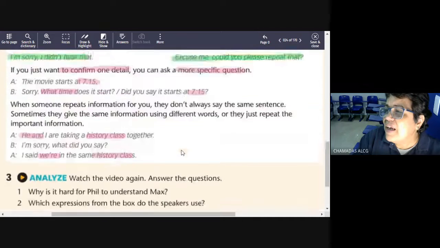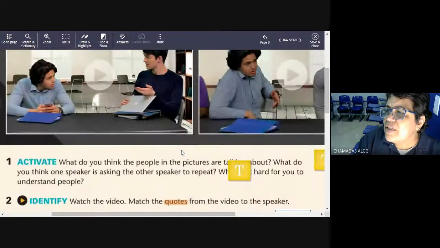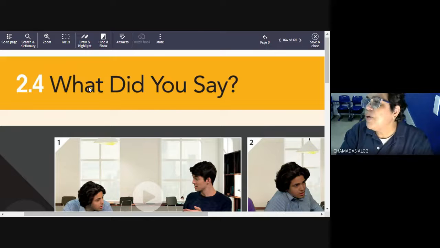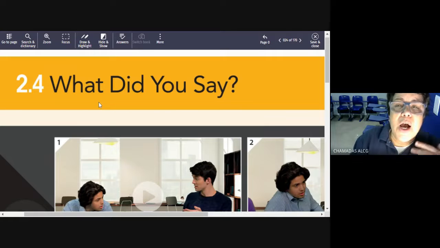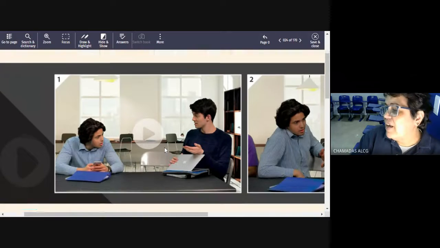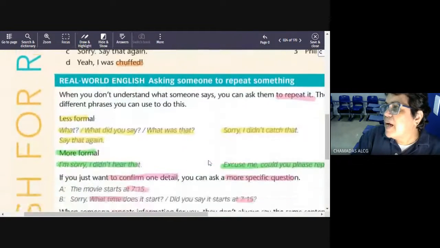Good morning. This is unit 2.4, all right? And this is page 24, okay? We are talking about asking to repeat when you don't understand something, okay? So how can we do this appropriately, okay? This is what we are discussing.